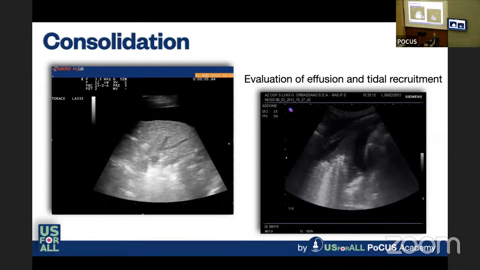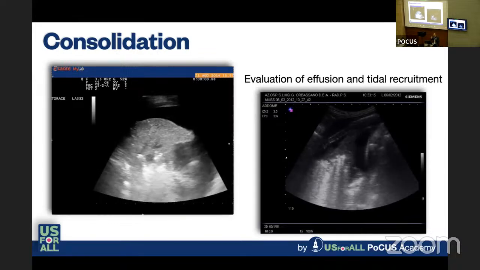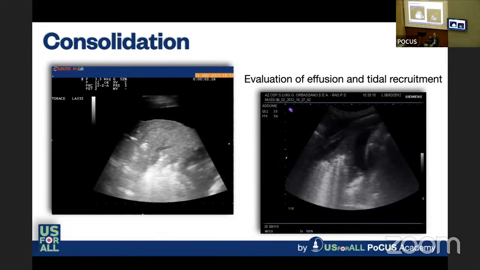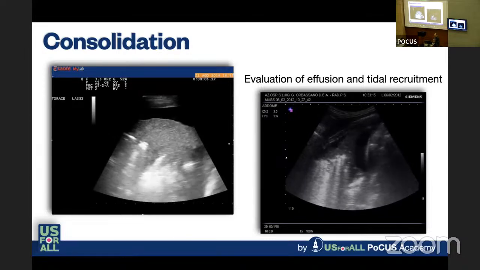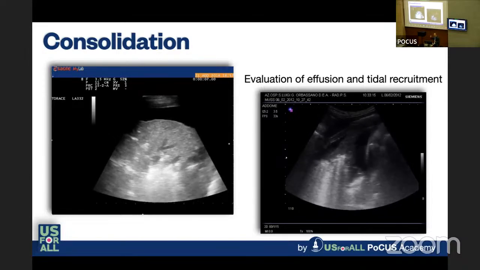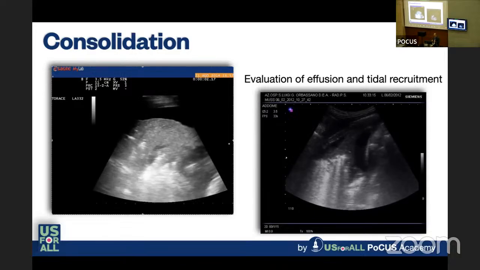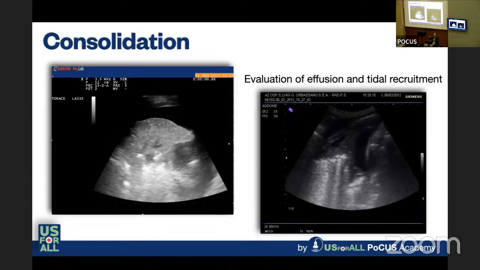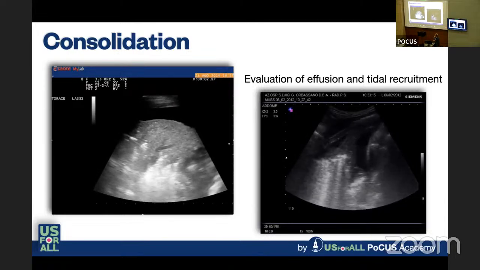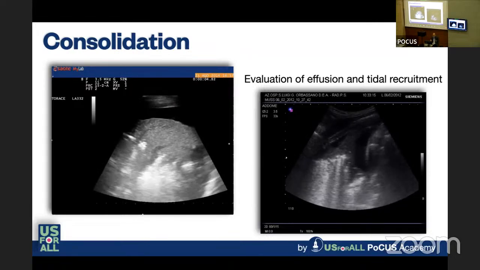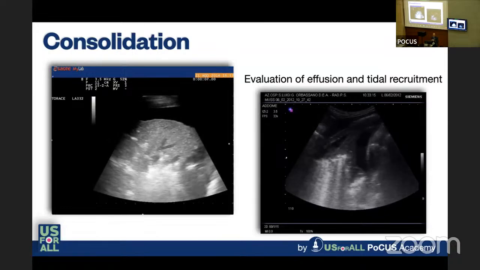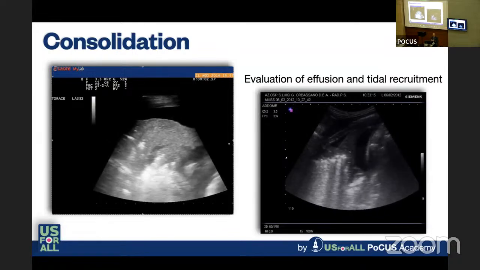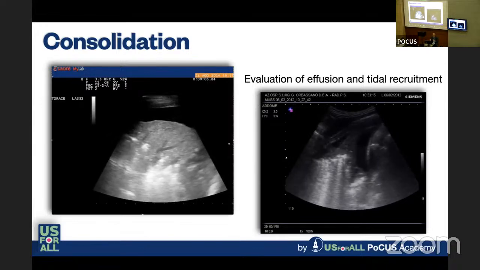In this case, we observe the amount of effusion, but also the margin of reaeration of the lung during respiration. For instance, when there is a movement of reaeration, like here, during respiration, this means that probably the lung is only compressed. And we do not need antibiotics, for instance.